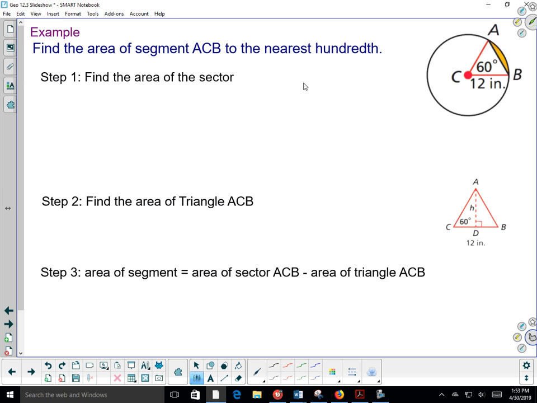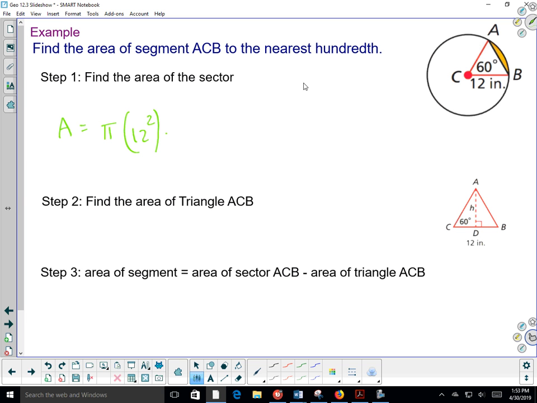So help me out. How am I going to find the area of the sector here, Rachel? Pi times 12 squared, that's pi times the radius squared, times 60 over 360.